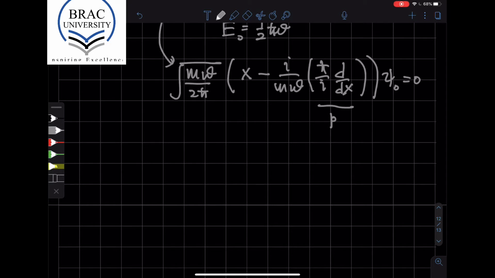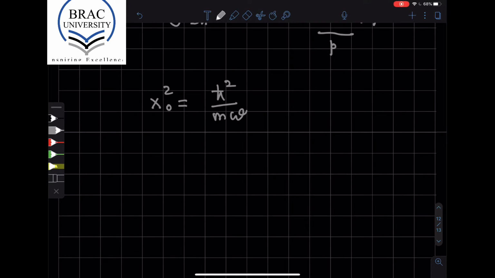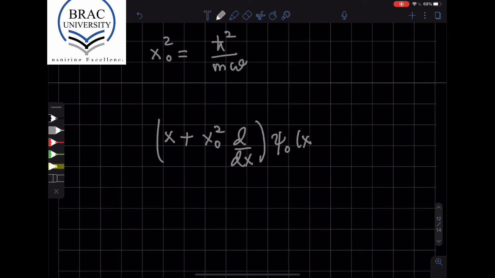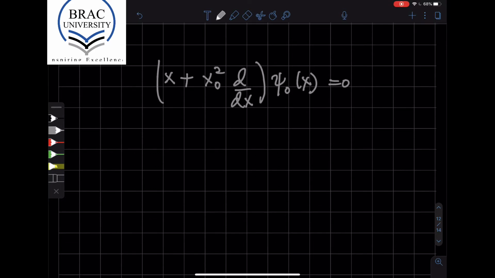If I introduce x0 to be given by x0 squared equals h bar divided by m omega, then this differential equation can be written as x plus x0 squared d by dx acting on psi 0 of x giving us 0. So this can be solved very easily.